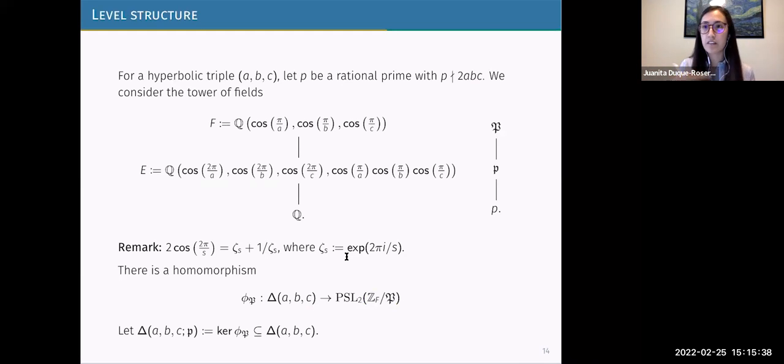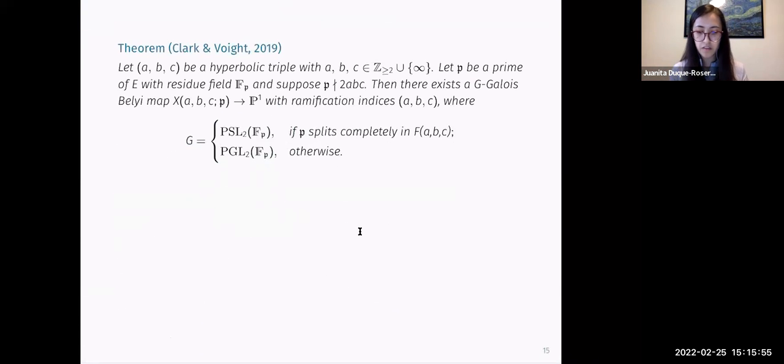And we can understand it explicitly. So we are going to let the triangle group with level structure P be the kernel of this homomorphism. And once we define this, we can define our triangular modular curves with level structure.